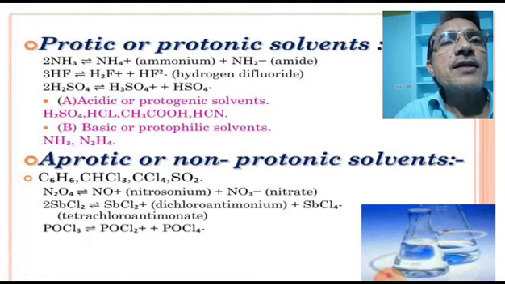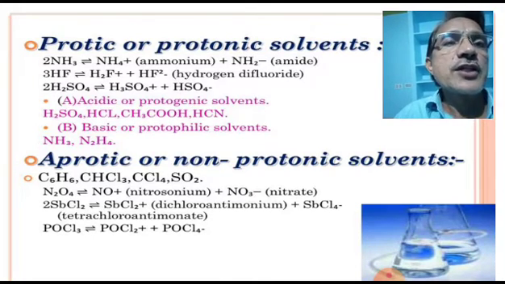Next, protic or protonic solvents. Ammonia undergoes autoionization, producing ammonium ion and amide ion.